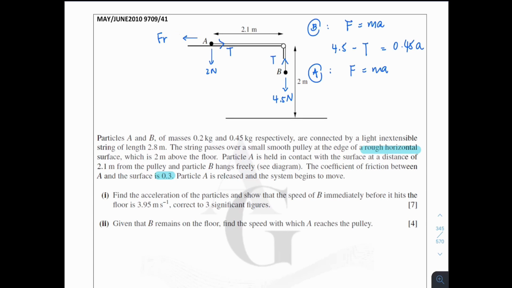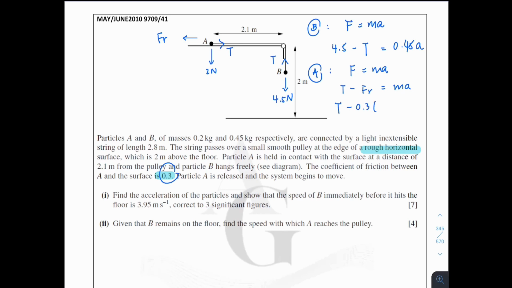So to form the equation, it should be tension minus friction equals ma. So the tension, we leave it here, minus friction. Okay, how to find friction? Remember in the previous chapter, friction should be equal to mu R. So the mu in this case is given here, 0.3.